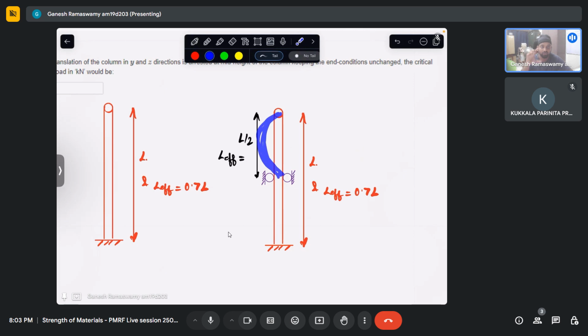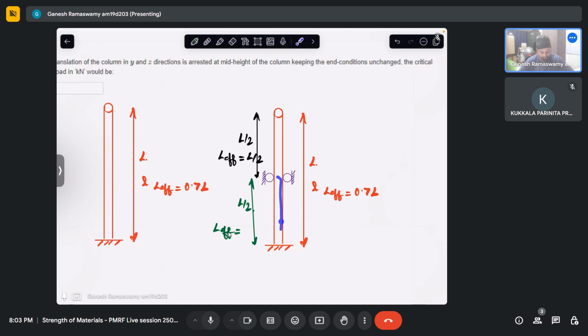So L effective is actually L by 2. And for the remaining portion, I shouldn't say L is L by 2. What I mean to say is the length is L by 2.